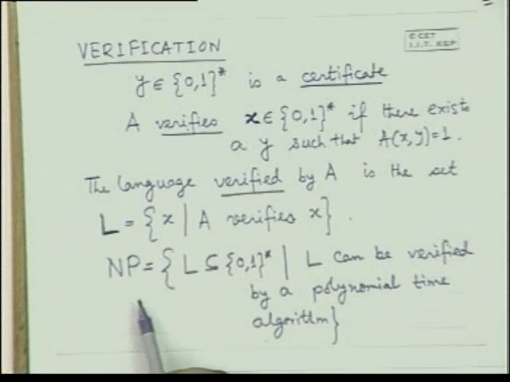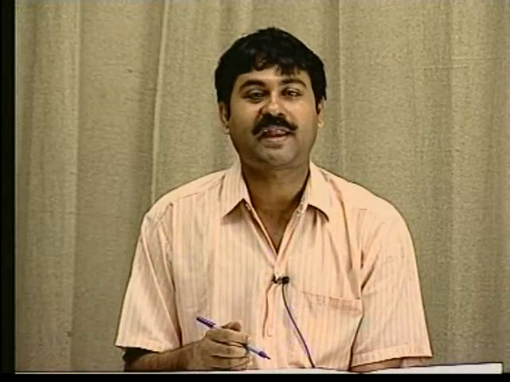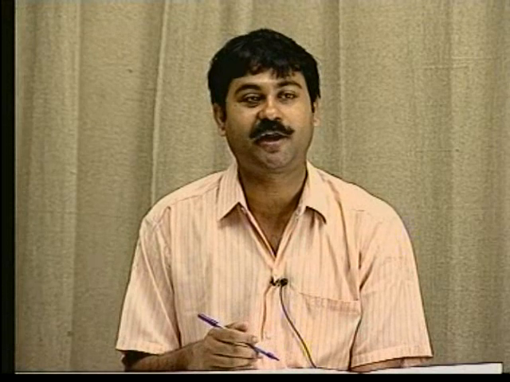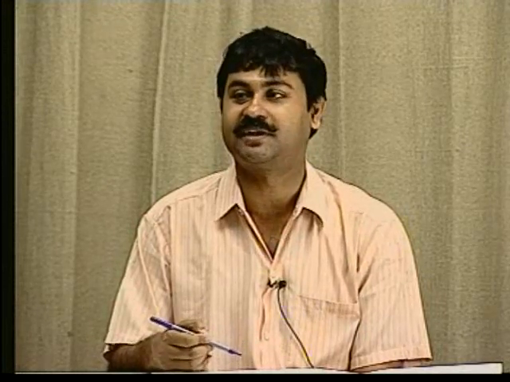So what does it mean? Why is it called non-deterministically polynomial? It is because of this. If there exists a polynomial time algorithm for verification, then for a given problem like the Hamiltonian cycle problem, you can assume there is a non-deterministic machine which can generate all possible circuits simultaneously in parallel, and each component of the machine is verifying each circuit simultaneously.